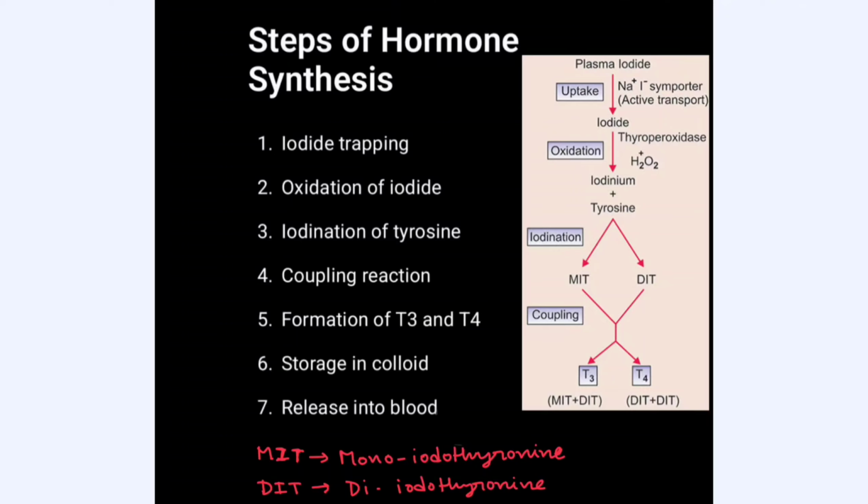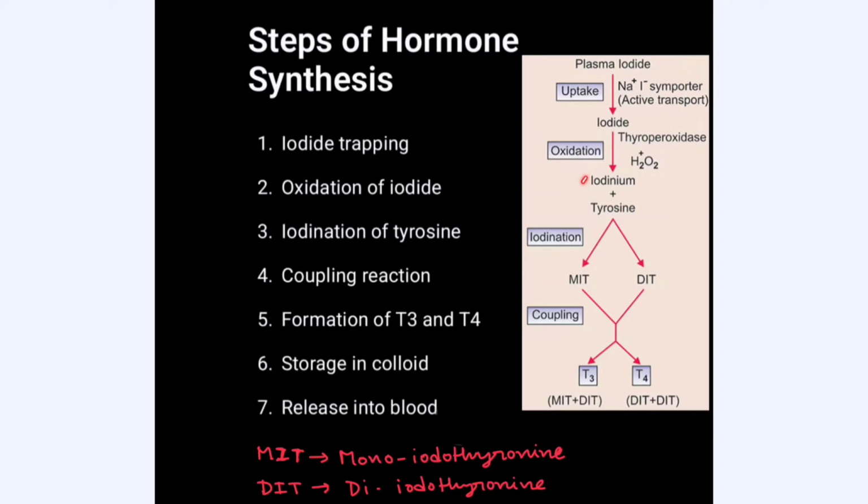So, here you can see the plasma iodide is present. Then uptake of plasma iodide occurs through sodium iodide symporter, which is an example of active transport. Then from plasma iodide it comes into the cell in the form of iodide. Then thyroperoxidase is an enzyme, and with the help of H2O2, iodinium is formed through oxidation.